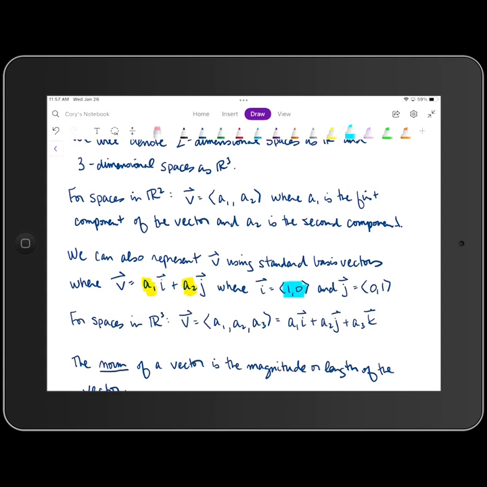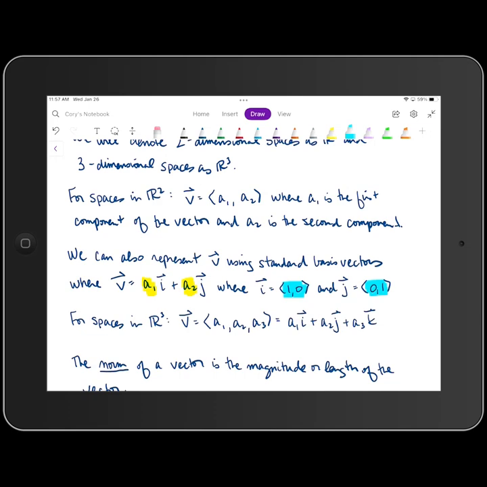And then when you multiply a sub 2 times vector j, you multiply that scalar across both of the components, which would make that second vector have first component 0 and second component a sub 2, and then you would just add those two vectors together, which would give you the vector with first component a sub 1 and second component a sub 2.